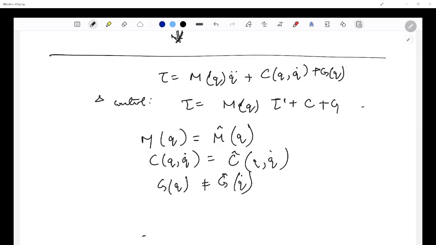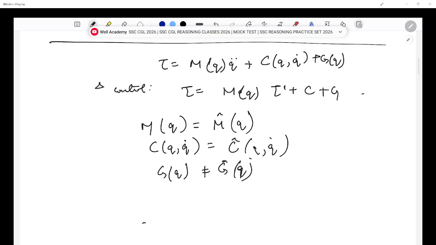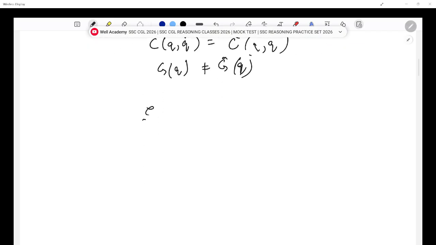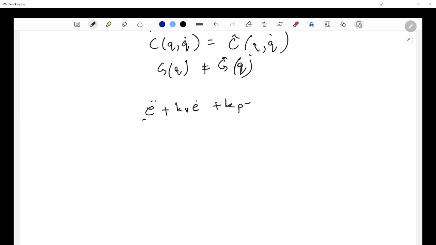So the actual system becomes error double dot plus Kv into error dot plus Kp into e not equal to 0; it has some uncertainty terms.